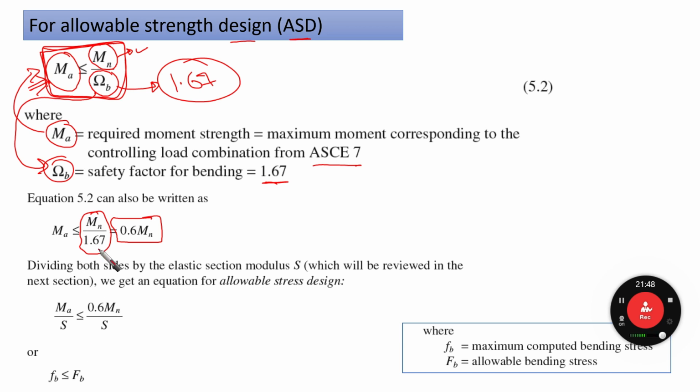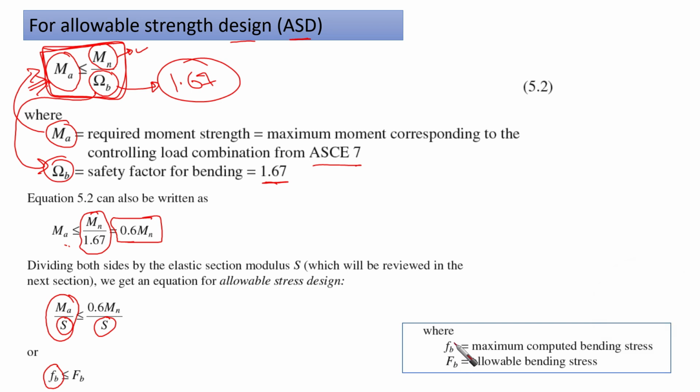And if we divide the two sides by the elastic section modulus, then in the left-hand side we have fb, the maximum computed bending stress, and the capital Fb on the right-hand side is the allowable bending stress.